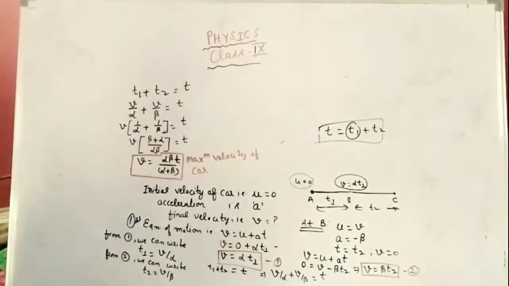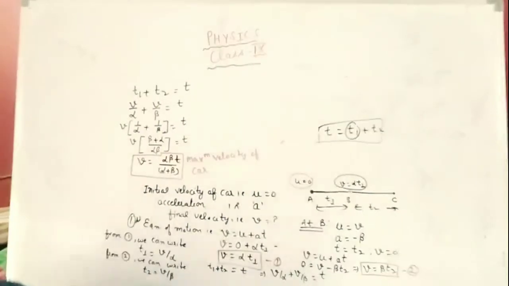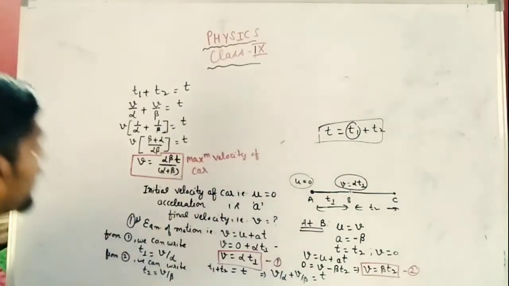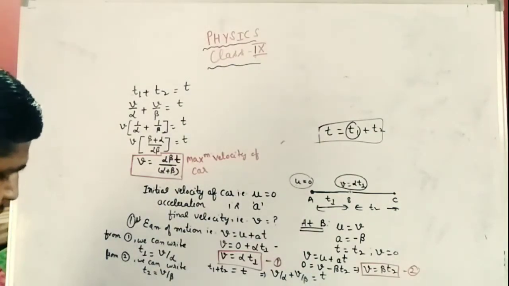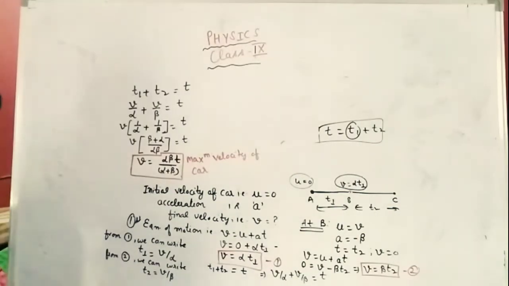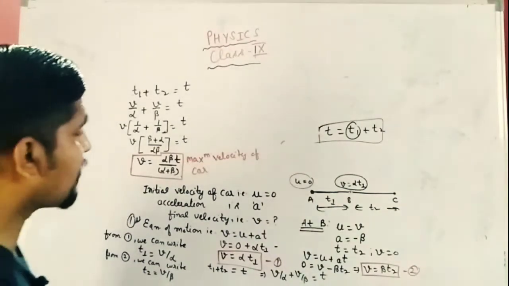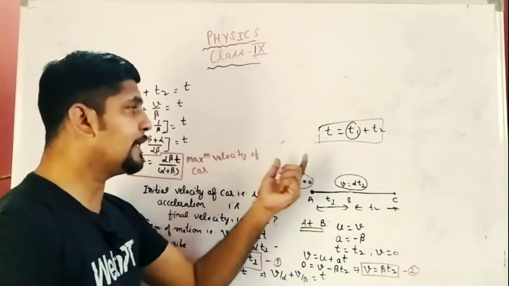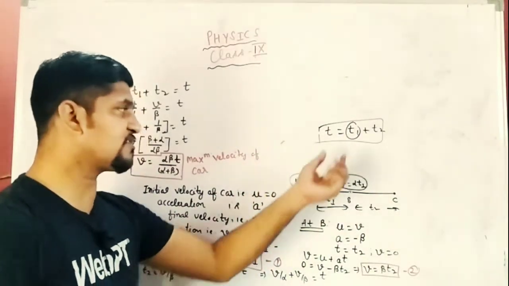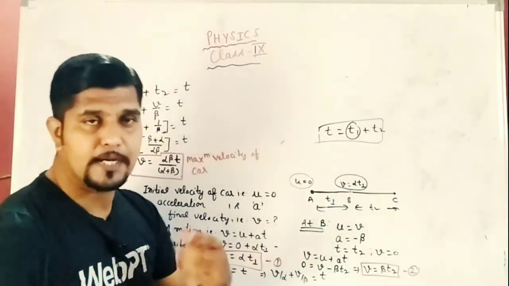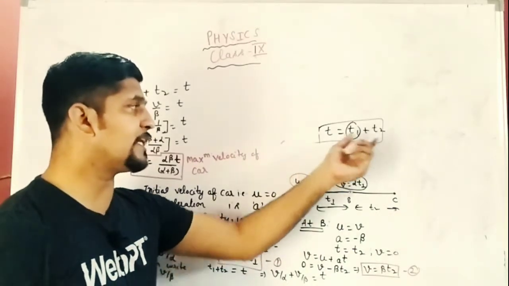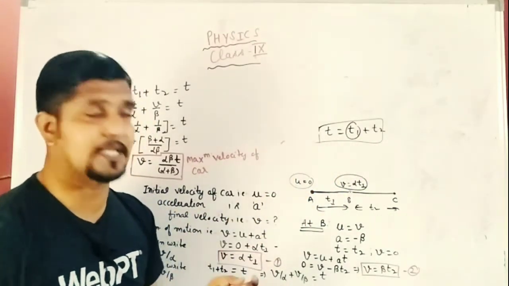Okay, so this is the first part in which we had to find the maximum velocity of the car. What we have done is divide the elapsed time T into two portions. One portion is t1 and the other is t2. It means the sum of t1 and t2 will give you the total elapsed time T.